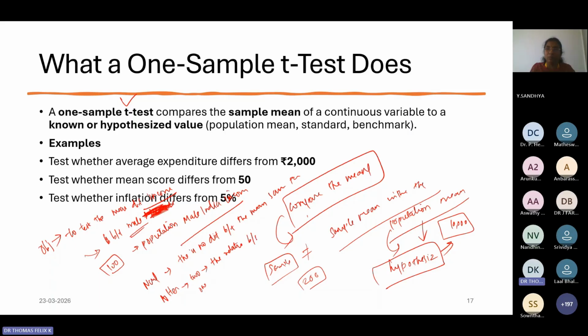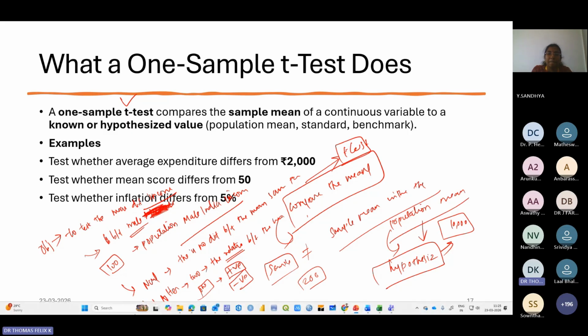On the other hand, if it is a one-tailed test, you have to specifically mention whether it is positive or negative. Accordingly, next you do the t-test, and then you prove or disprove the null hypothesis.